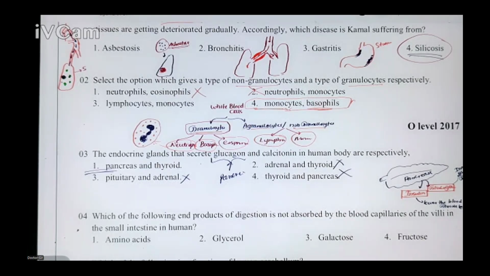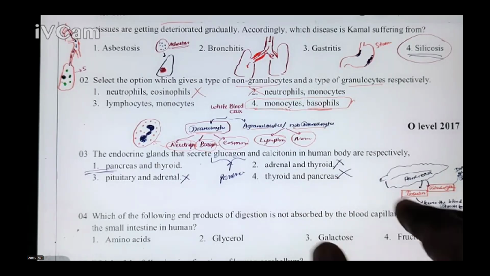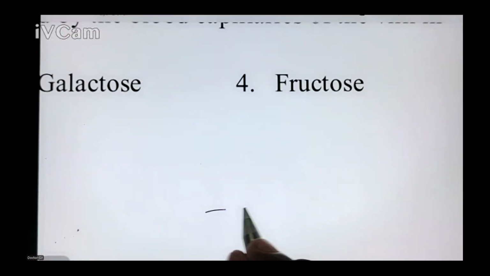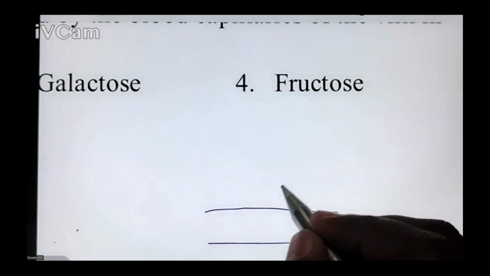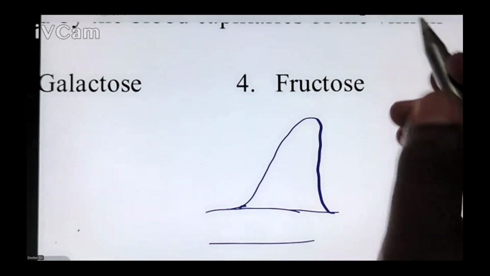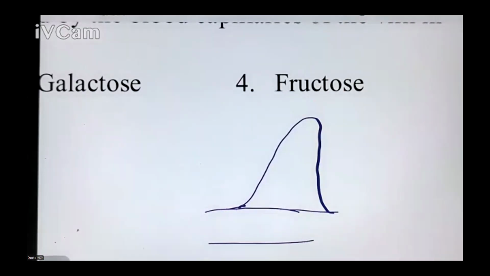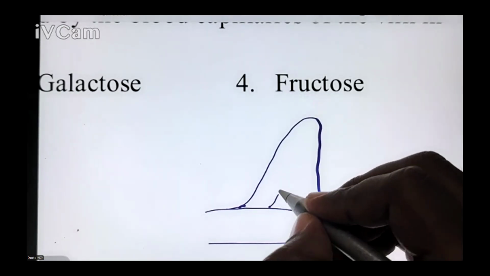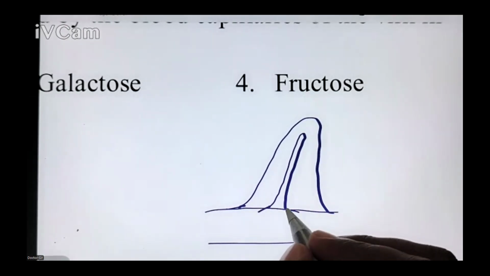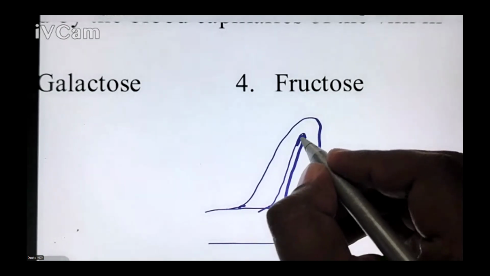Which of the following end products of digestion is not absorbed into the blood capillary in the villi? In the small intestine epithelium, it has villi. In the villi, we have blood capillaries, and a central lacteal.